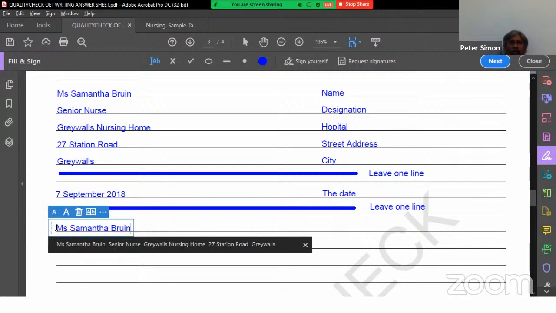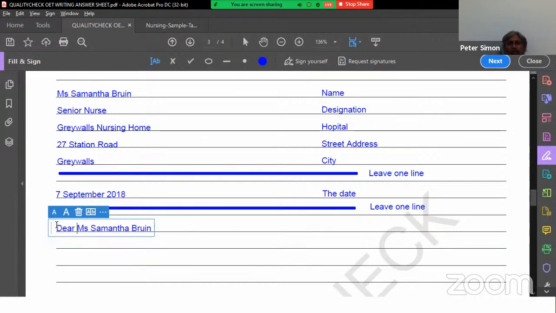Then go to the beginning, write Dear Miss, and remove the first name: Dear Miss Bruin. That's it. If you want to put a comma, you can, no problem. It's not compulsory, it's optional in the OET letter. So, Dear Miss Bruin. There ends the matter. No need to go again to the case notes for this.